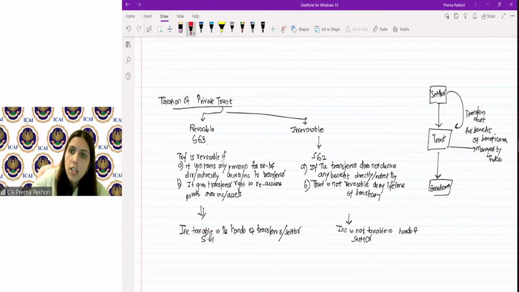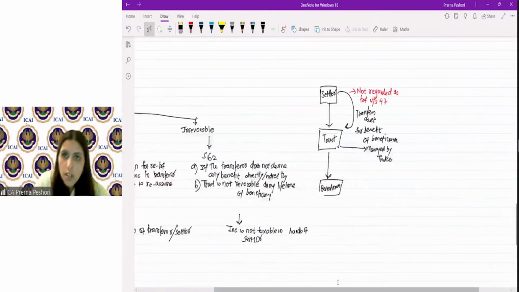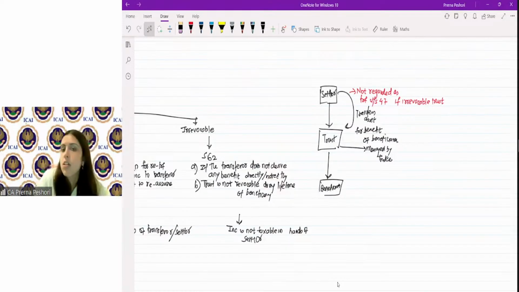So this shall not be regarded as transfer under section 47 if it is an irrevocable trust.